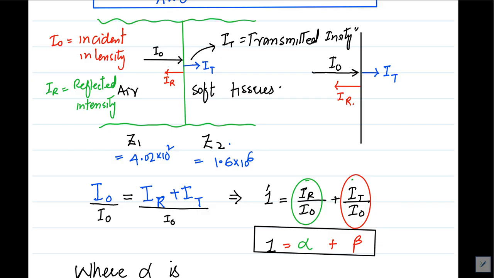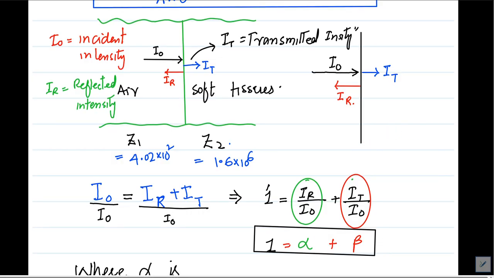Here the ultrasound is again partially transmitted and partially reflected, depending upon the nature of that interface. Depending upon the nature of this interface, I can figure out how much will be sent, how much will be received, how much will be transmitted.